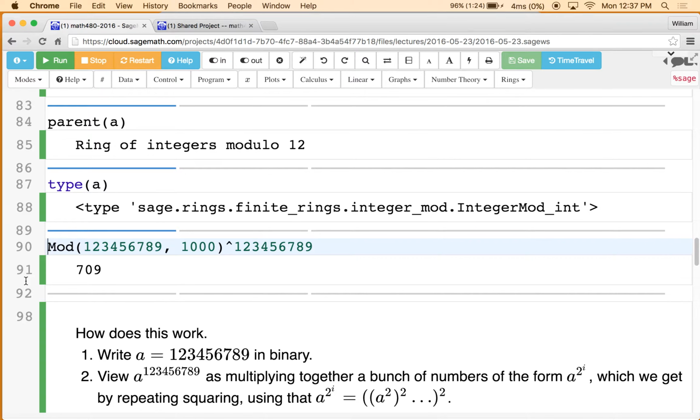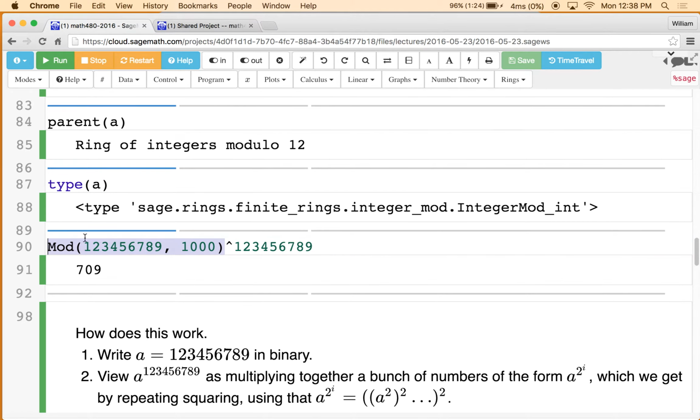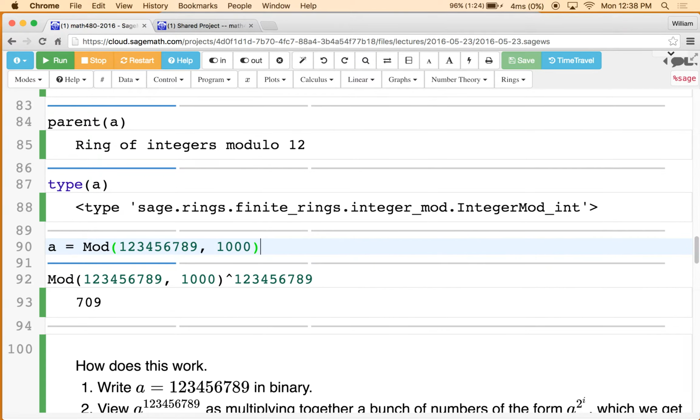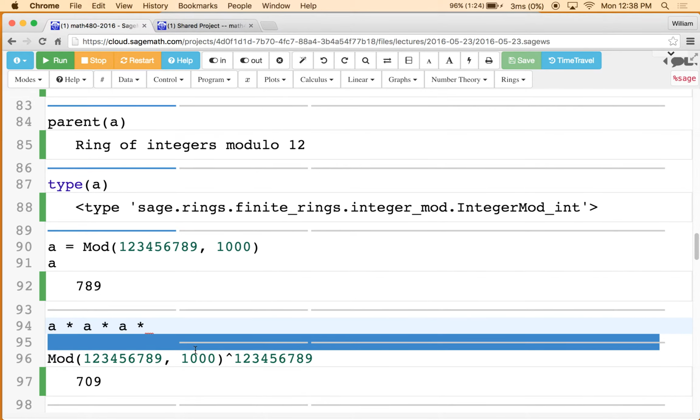I'm actually not sure exactly what it does, but I know what it might do, which is, instead of directly computing that number, so one way that you could compute a number to a big power, the obvious way, would be to do the following. Let a be this number, and I'll just write a times a times a times, and just do that this many times.